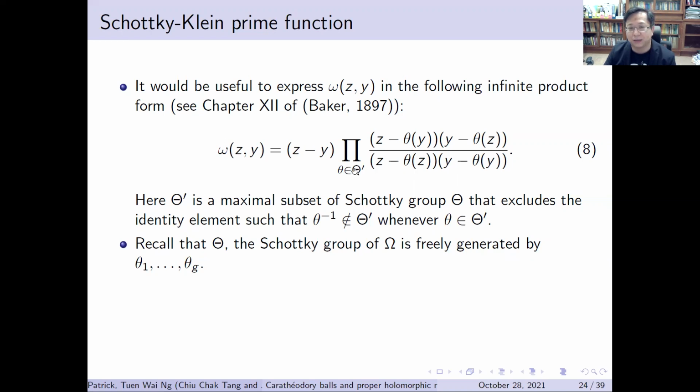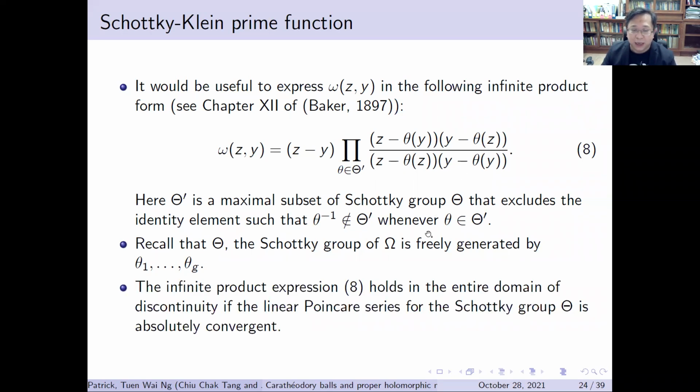Now, this theta prime here is the maximal subset of the group, taking away the identity, with this condition satisfied: if you have one element inside this set, then its inverse will be outside the set. And it's known that if the Poincare series of the Schottky group converges absolutely, then we do have this infinite product expression for the prime function.